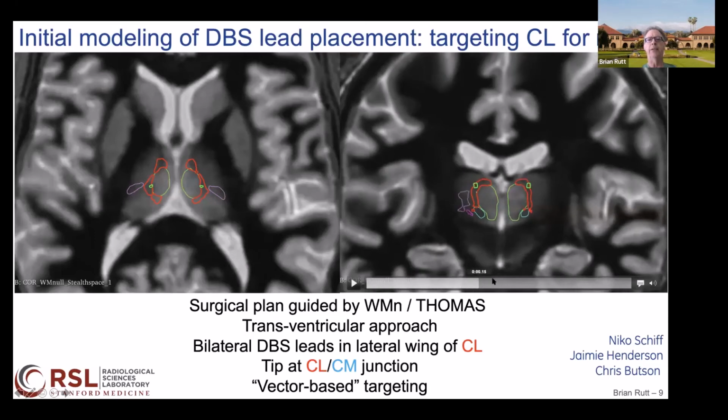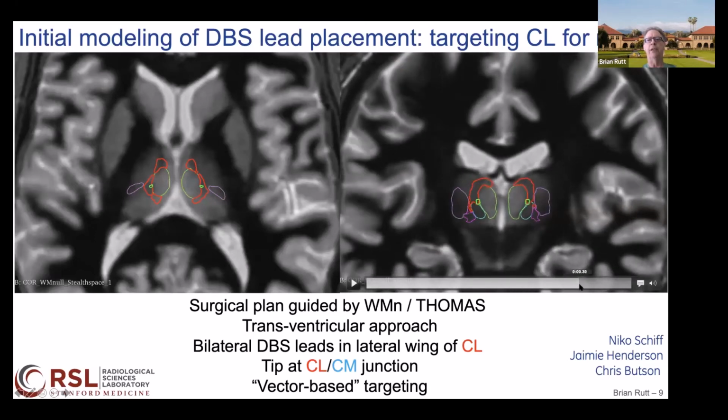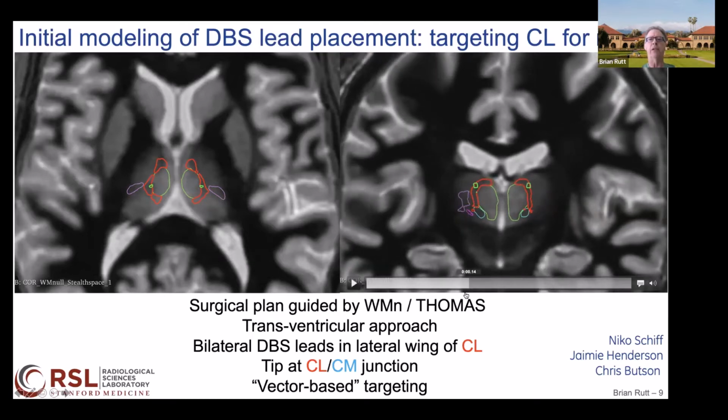And one of our targets is the tip of the electrode. We'd like to place it at the junction between CL and the CM nucleus here. But we want several of the electrodes in the CL in the lateral wing.